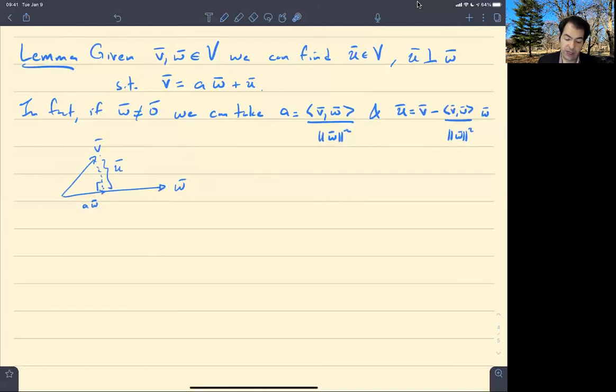So it's this projection. And this brings me to the other reason given for why Grassmann called it an inner product, right? So you see A is basically the inner product depending on the size of W. But if W were a unit vector, A would just be the inner product. And A is how much you're multiplying. So the inner product, when W is a unit vector, is just telling you the projection.